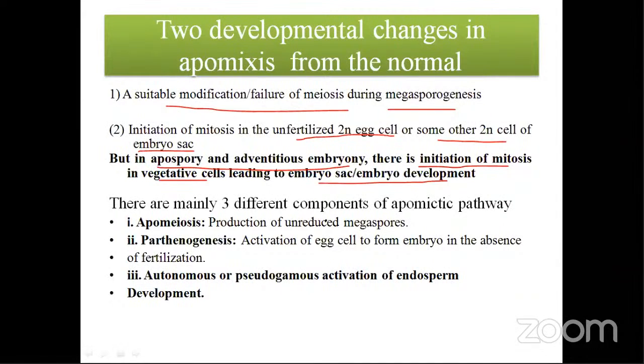Okay, so there are three basic components of the apomictic pathway. First one is apomeiosis, that is the altered meiosis pathway seen in case of apomixis. That's why it is called apomeiosis. That leads to production of unreduced megaspores. Second is parthenogenesis, that is activation of egg cells to form embryo in the absence of fertilization. Means the egg cell will be activated.